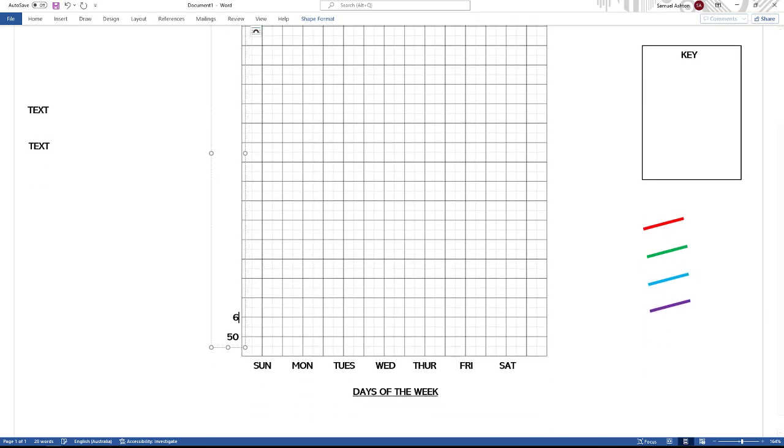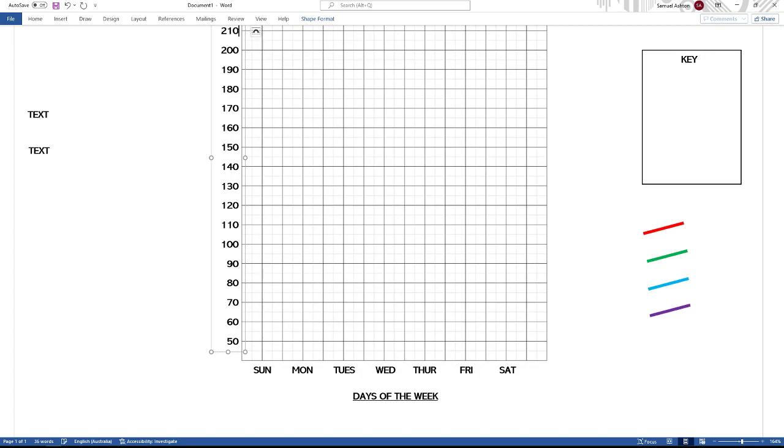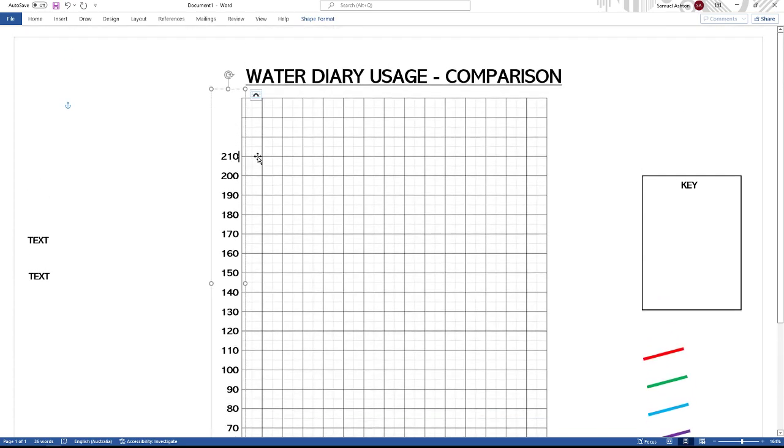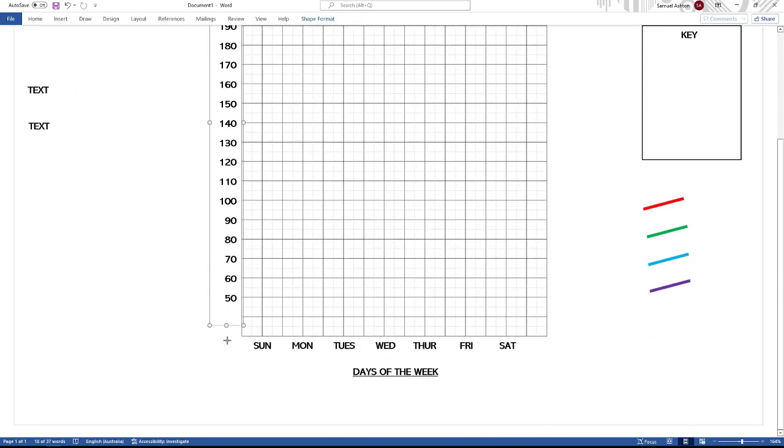So let's go upwards from here. 10. It's actually probably faster on a computer than it is in real life. 210. I could go 220. You know what? I might make that up there and I can just bring this further down. 40 and like 30.